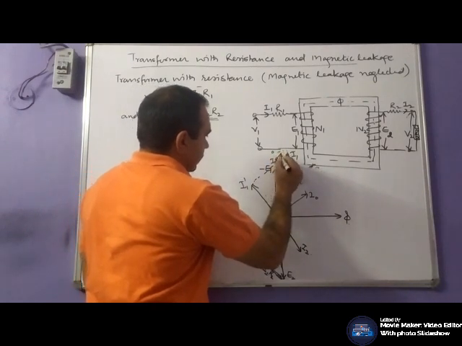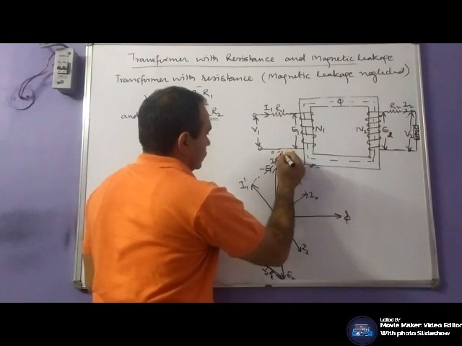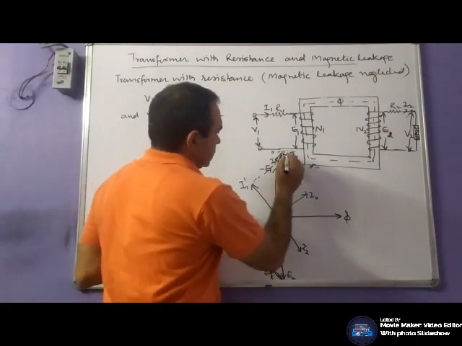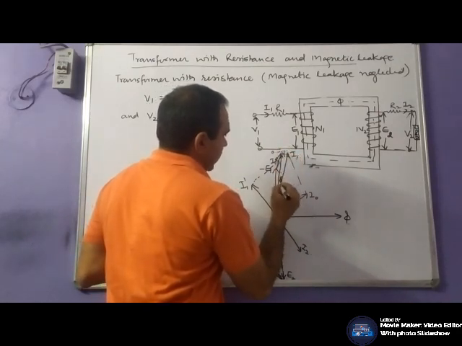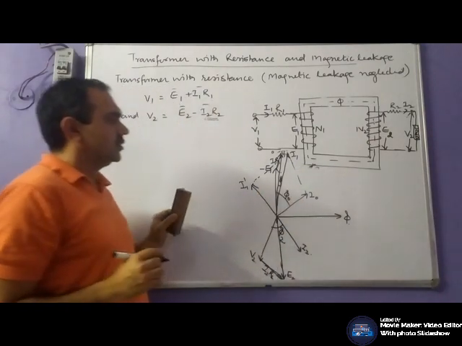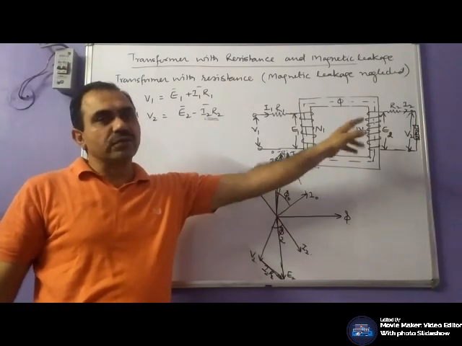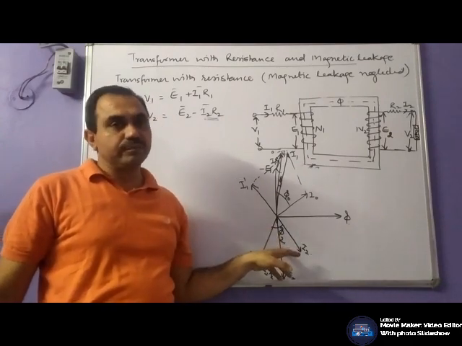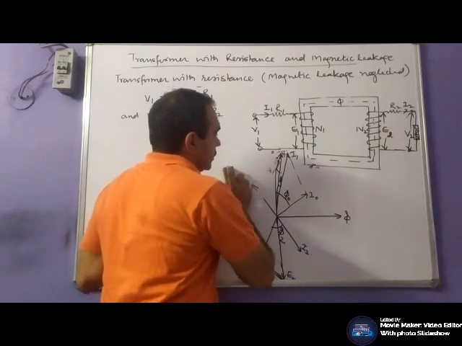So this will be the voltage V2. So we get voltage V1. So this will be the phi 1. This will be the phi naught. So this is the phasor diagram when your load is capacitive, means your I2 leads the voltage V2 by an angle of phi 2.